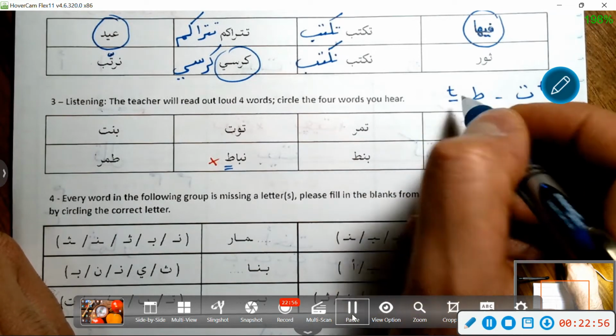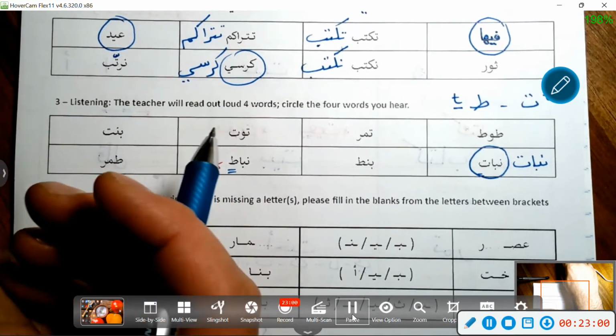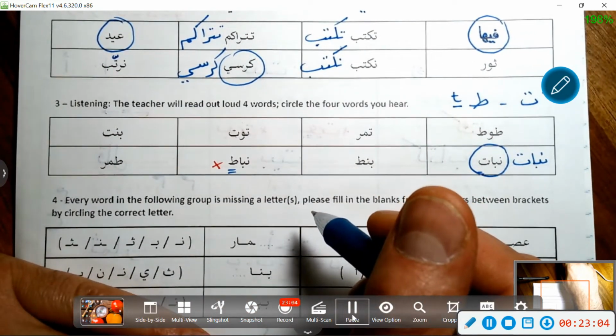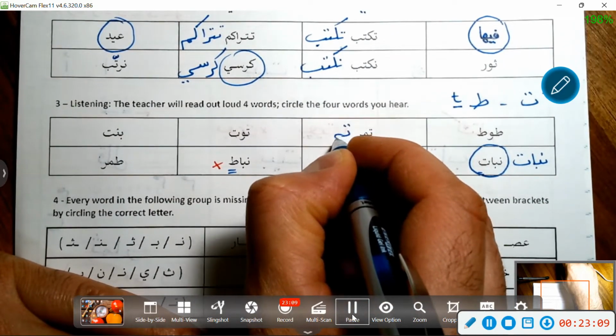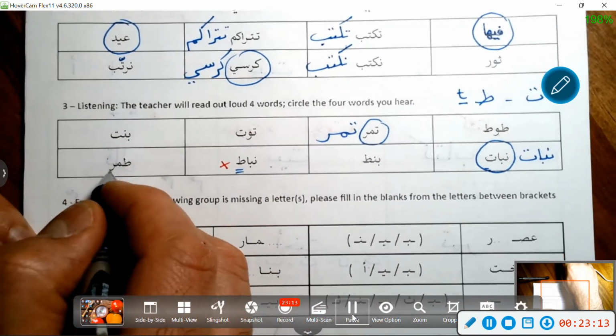The second word is tamr. So tamr starts with ta and then mim and then ra. So we circle this word. We don't circle the other tamr. This is ta. This is ta. So this is wrong.